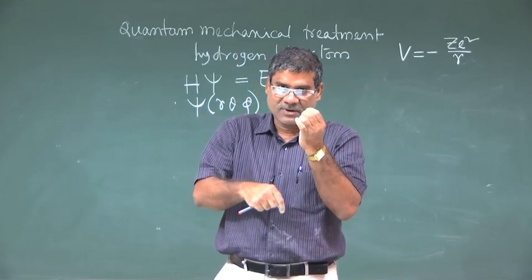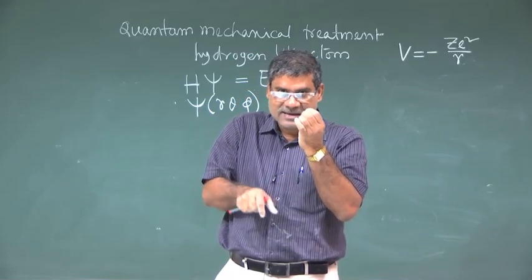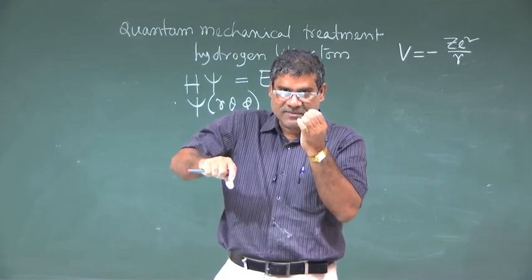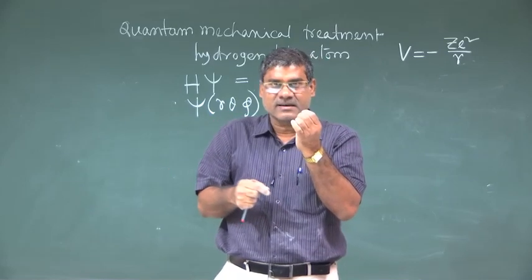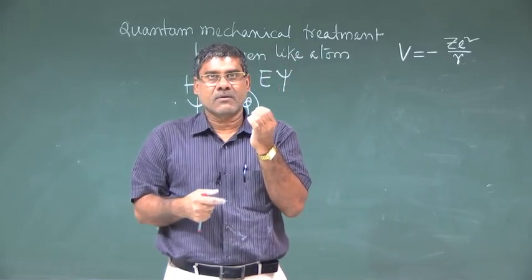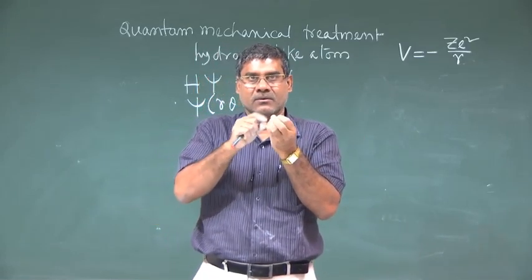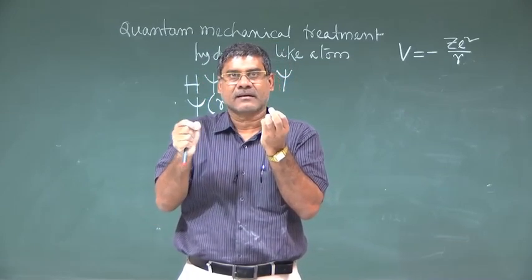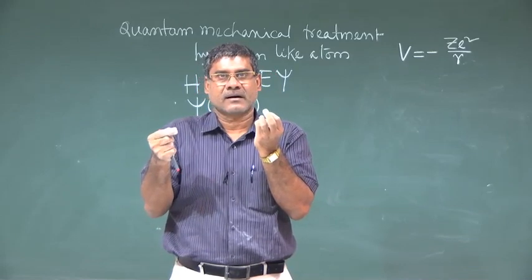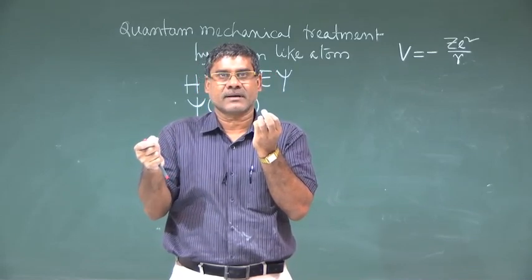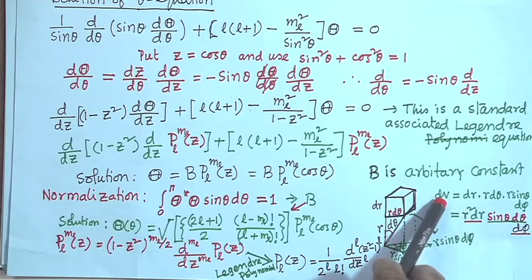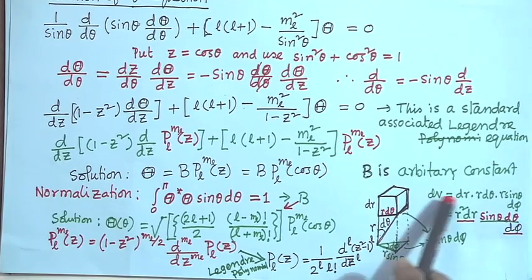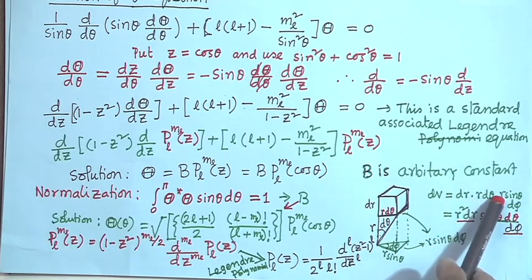Now, you are taking d phi angle, if you just change the d phi angle, this small elementary change will be r sin theta d phi. Now, you have dr on one side, another side r d theta, and then the third side is r sin theta d phi. So, that will give you this elementary volume in spherical coordinates: dr r d theta r sin theta d phi.